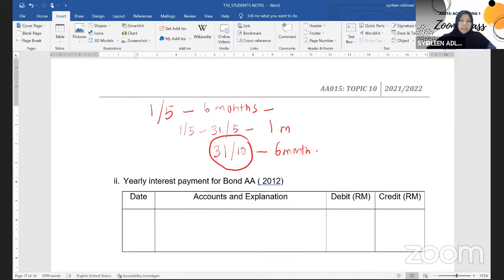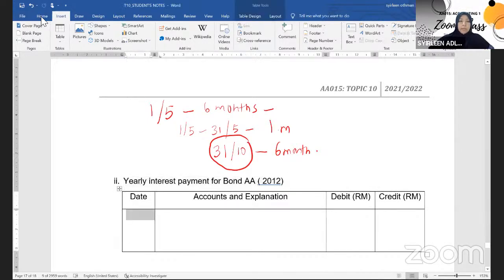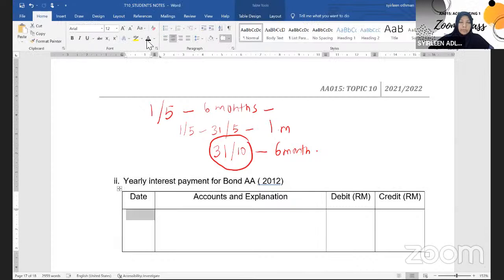Okay, so I am going to pay the interest expense for AA for the first 6 months. So the date here will be year 2012. Okay, amount ialah, sorry, the date is October 31st. Okay, so kita terus bayar, kita bukan kumpul, kita terus bayar on the spot.